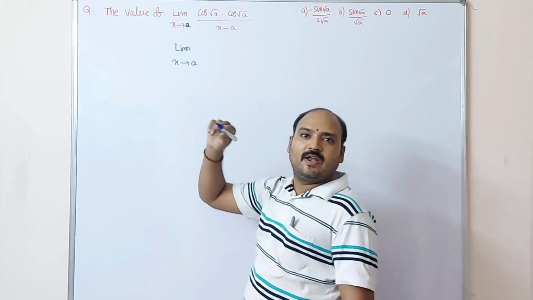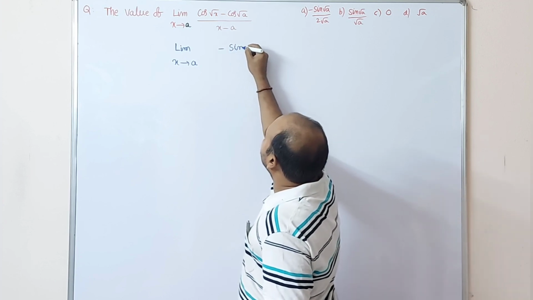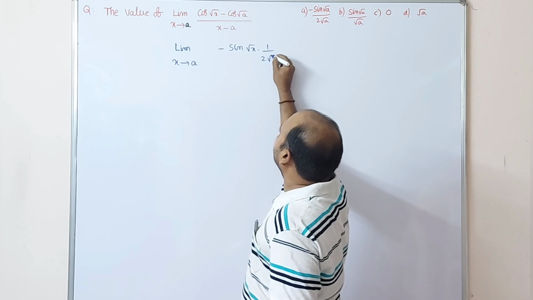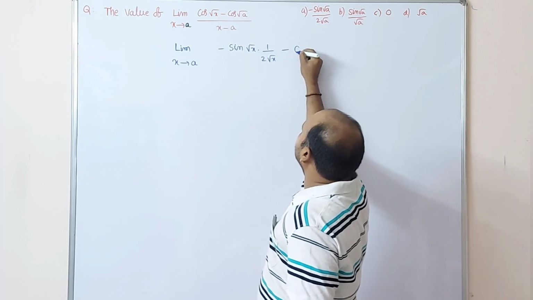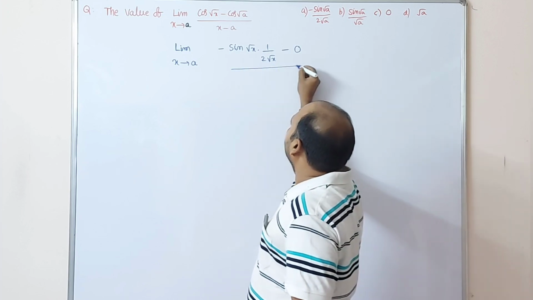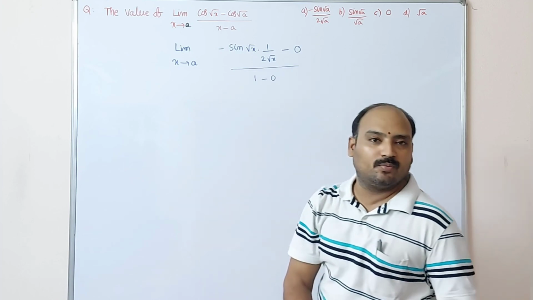Cos root x, d by dx of cos x is minus sin x. So minus sin root x. Again root x we have to differentiate, 1 by 2 root x. Minus cos root a is constant whose derivative is 0, x derivative is 1, minus constant derivative is 0.